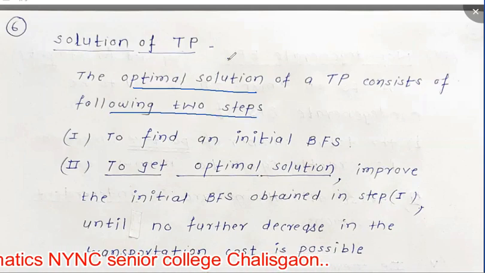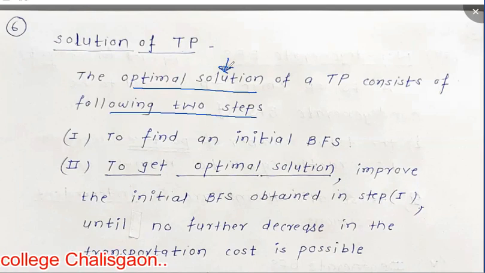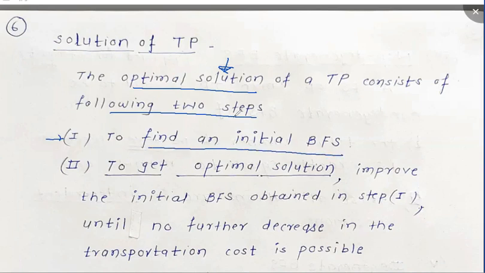So optimal solution will be obtained in two steps. First step, find an initial basic feasible solution. Initial basic feasible solution is obtained in the first step.